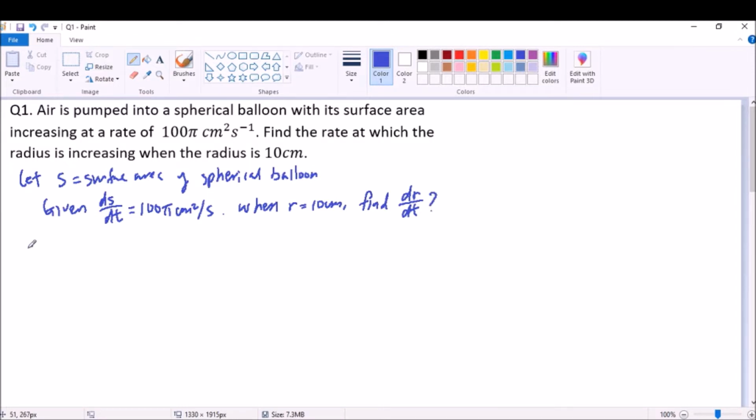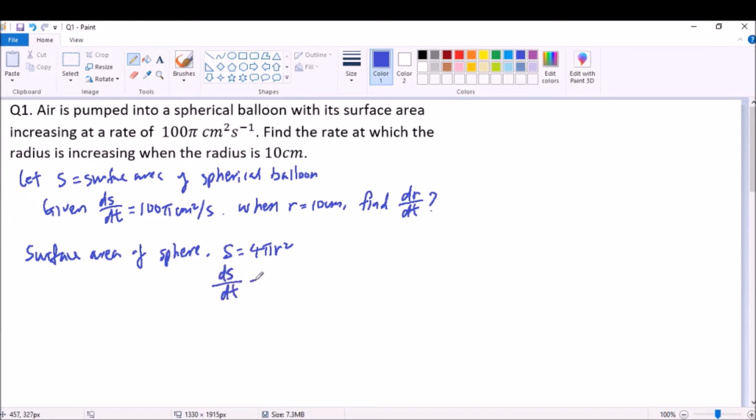First, we write down the equation for the surface area of a sphere, being S equals 4 pi r squared. We take the derivative of the surface area with respect to time.